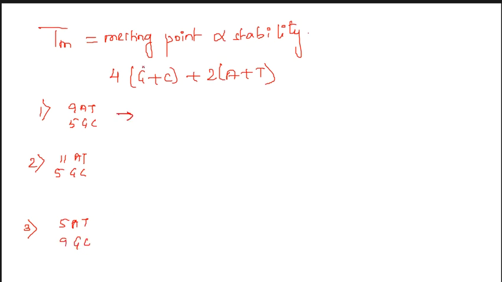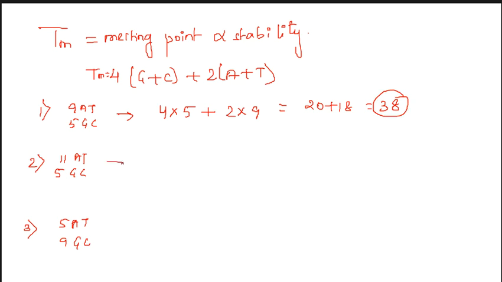The formula is given: Tm is equal to 4 into (G plus C) plus 2 into (A plus T). So 4 into G plus C, which is 5, plus 2 into A plus T, which is 9. 5 fours are 20, 9 twos are 18, equal to 38.